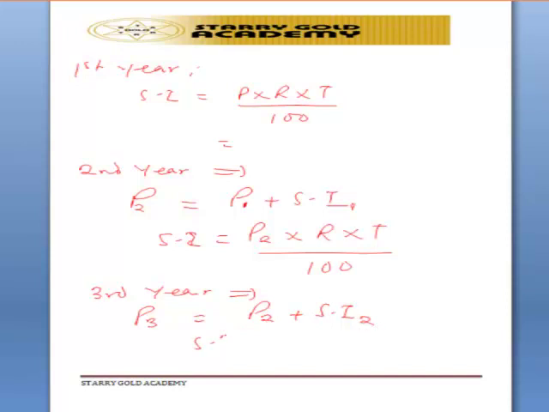So my simple interest will now be principal in year 3 times rate times time over 100. I will get the value. What I mean is that it's only the principal that will be changing. Other variables like rate and time will not be changing.